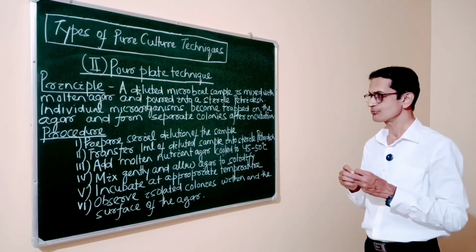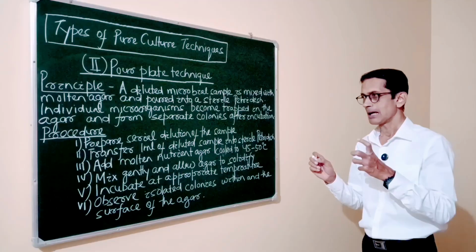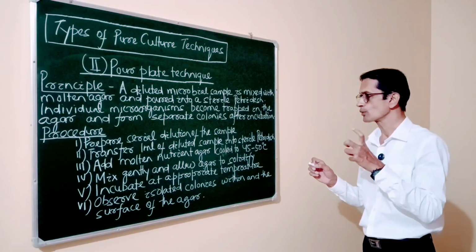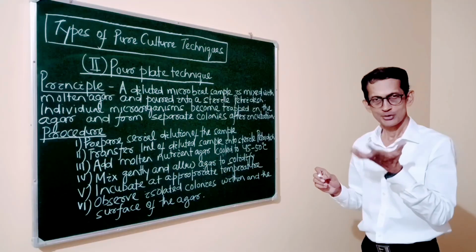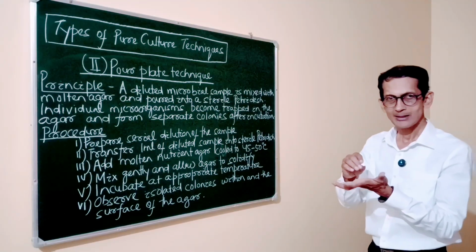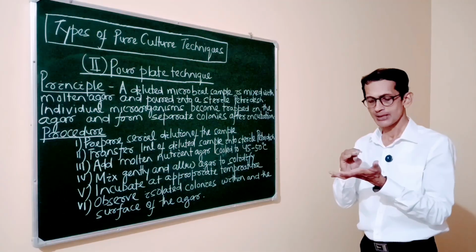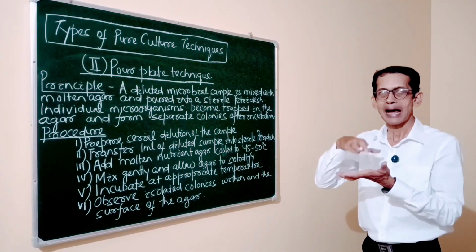Individual microorganisms become trapped in the agar and form separate colonies after incubation. Means what? A petri dish will be taken, then the sample containing the pathogen will be added, and then the molten agar will be added.